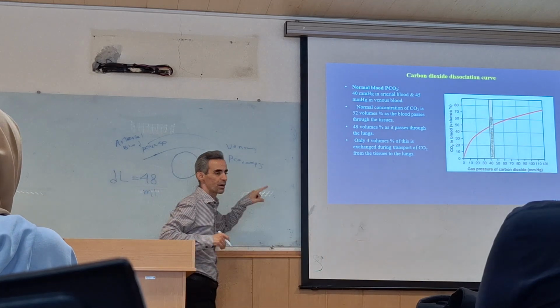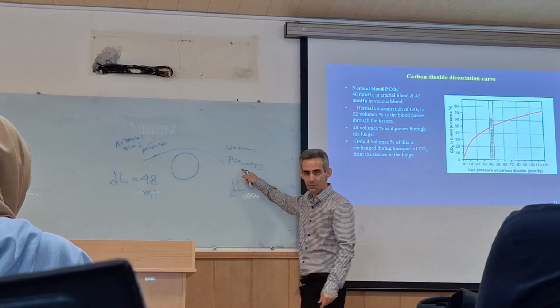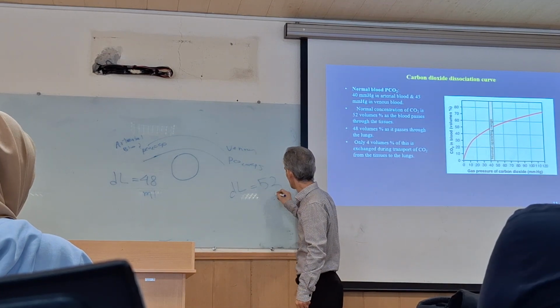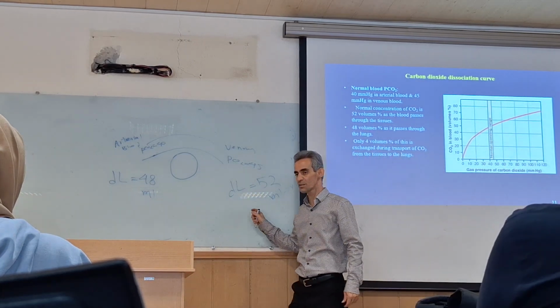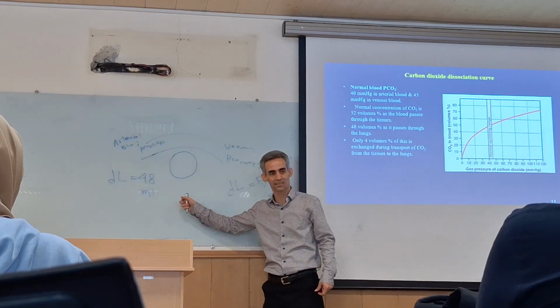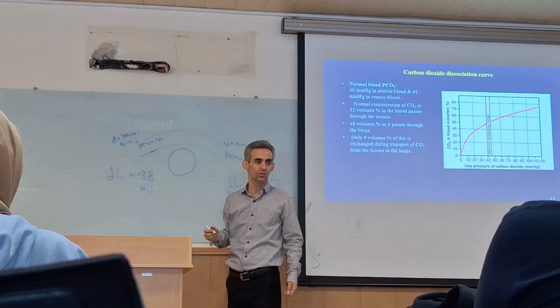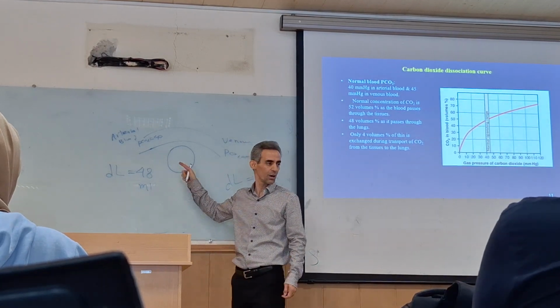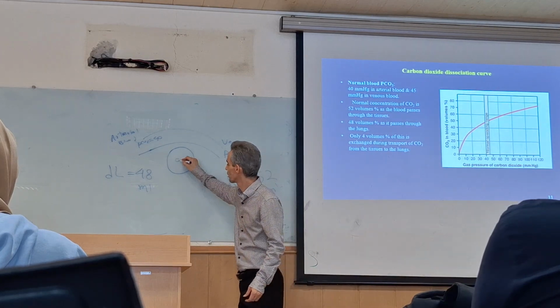But in this part, you can see that each deciliter of venous blood has 52 milliliters of carbon dioxide. How much carbon dioxide is added to this deciliter of blood? 4. During the metabolism of the cells inside of the tissue, we have production of carbon dioxide.